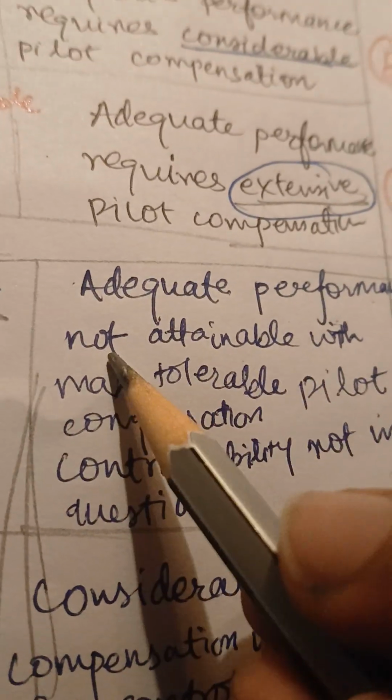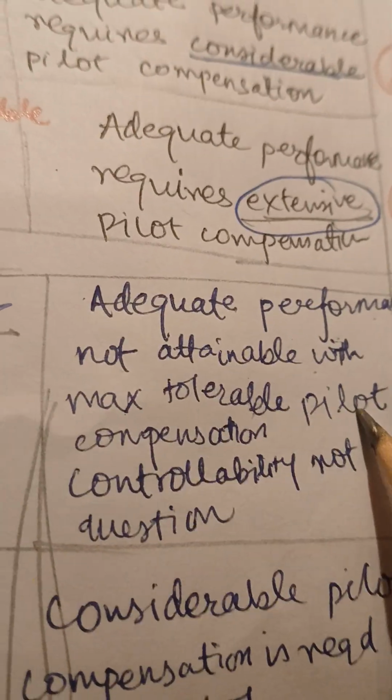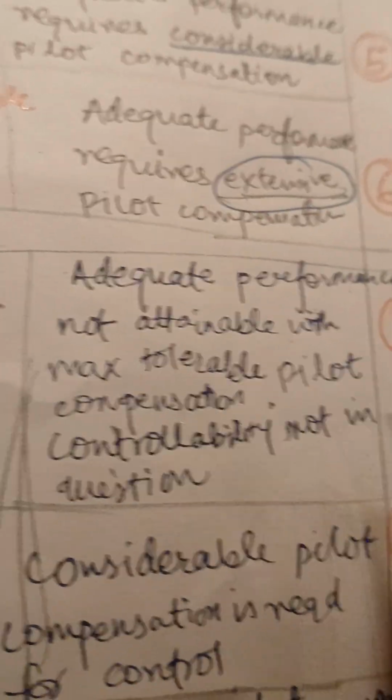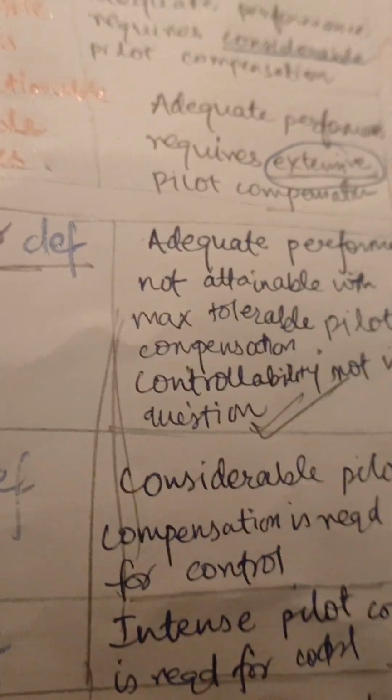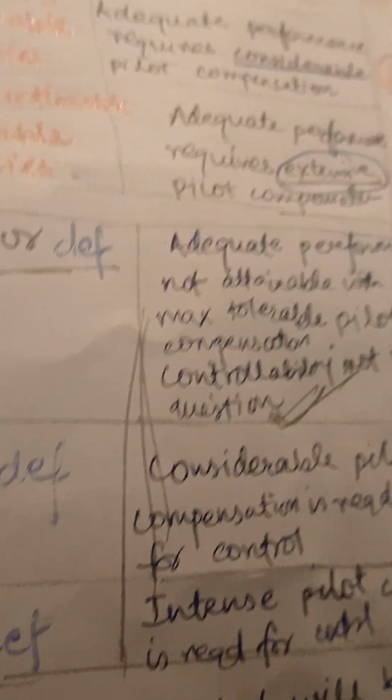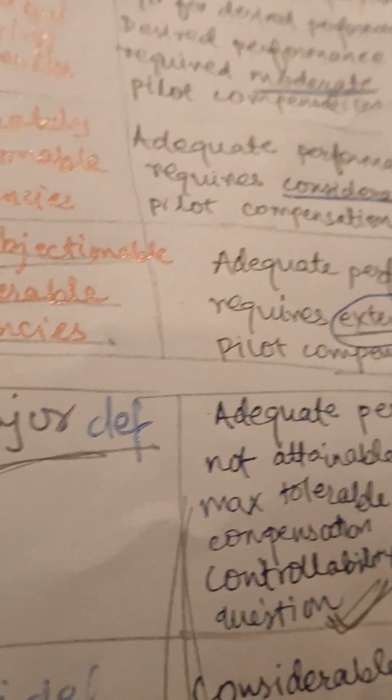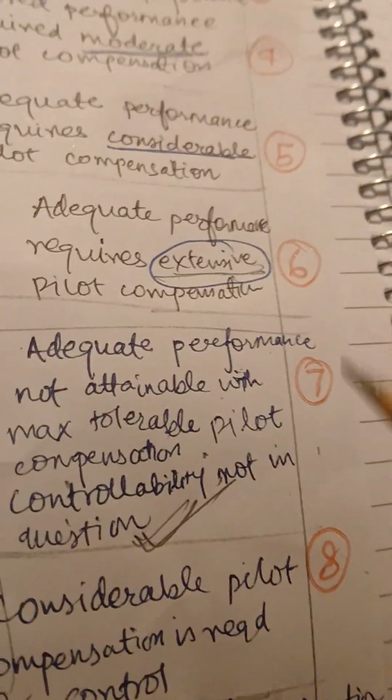Deficiencies require improvement. Major deficiencies: adequate performance is not attainable with maximum tolerable pilot compensation. Controllability is not in question, so it cannot be controlled as of now. Even if the pilot gives the maximum amount of compensation, it still cannot be controlled.